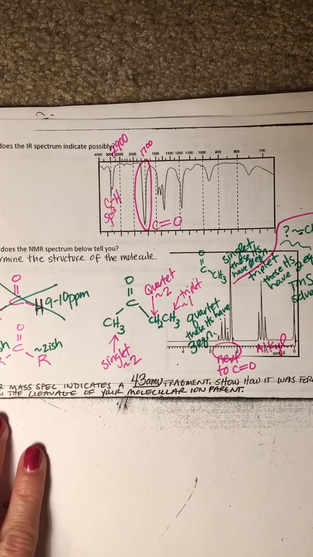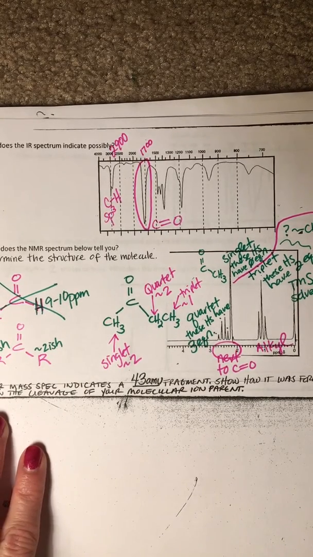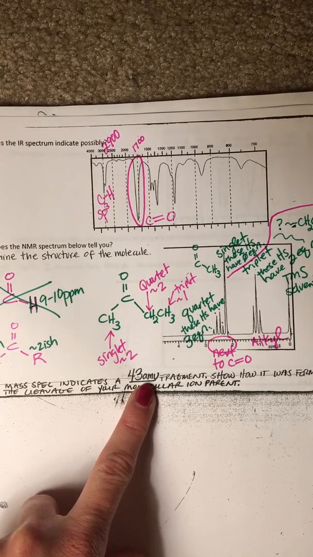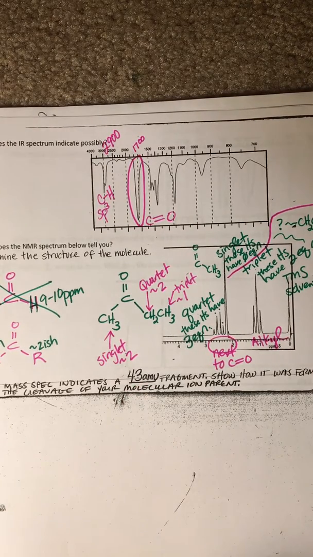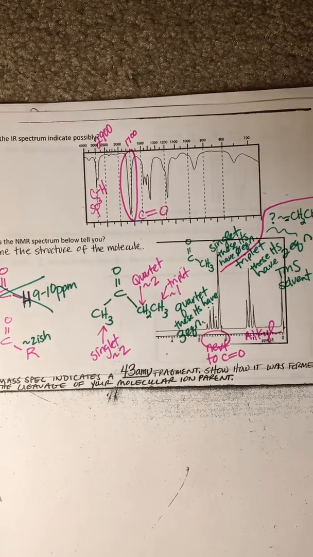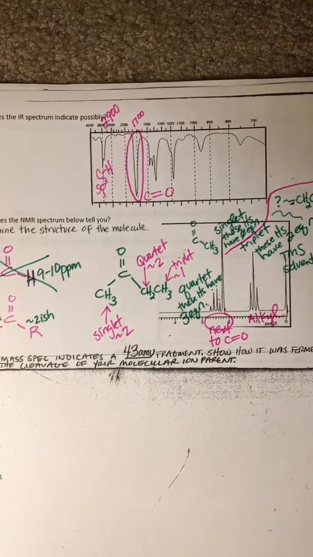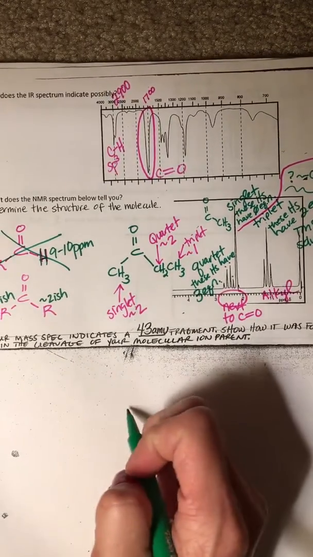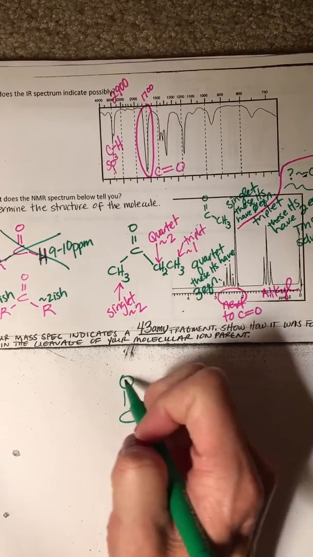Now just a little review here. It says your mass spec indicates a 43 AMU fragment. Show how it was formed in the cleavage of your molecular ion parent. So we already know the structure of our molecule.